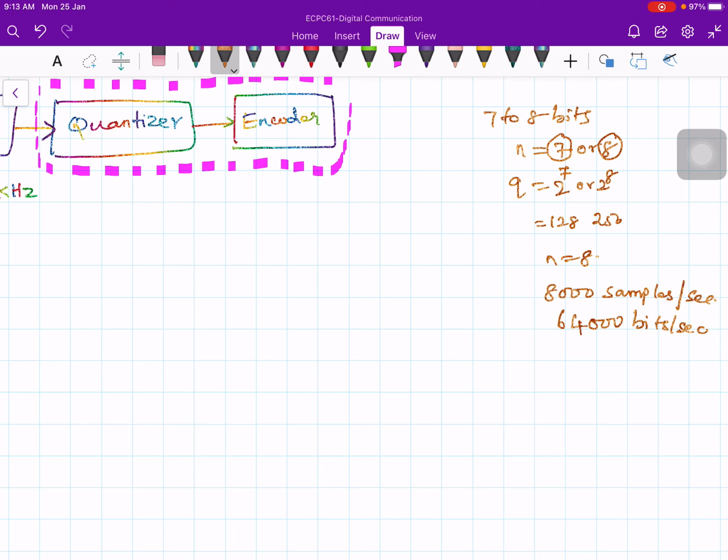So the final rate at which you have to transmit this data is 64 kilobits per second, kbps, and that is the standard PCM rate for voice signals.